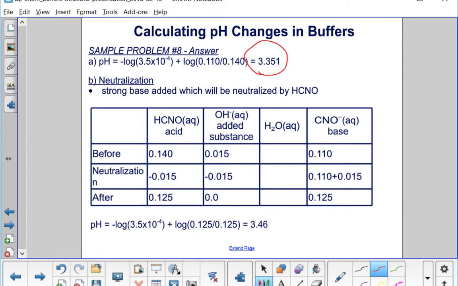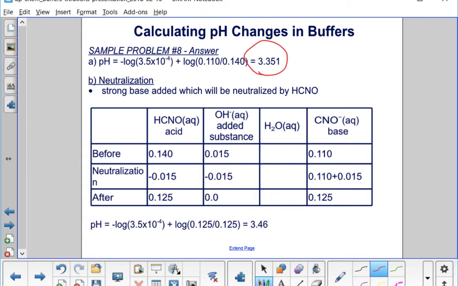Part B asked us what would the new pH be after the addition of a strong base. The strong base, of course, will be neutralized by the acid in the buffer system. So before the neutralization, we have our initial amounts of our acid and our conjugate base in the buffer system, 0.140 and 0.110 moles.